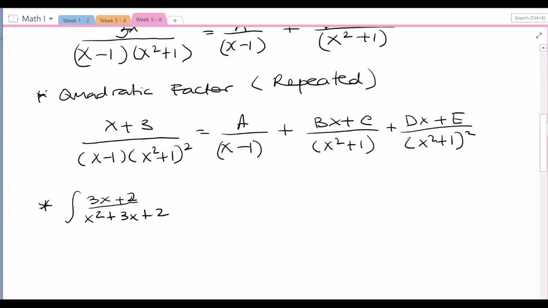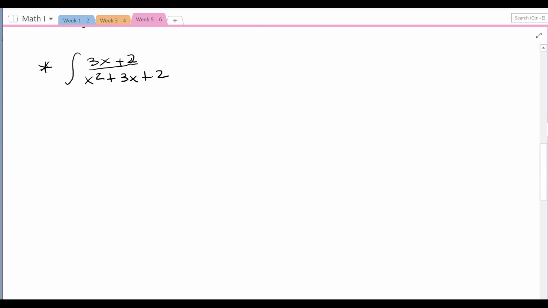So let's do a couple of examples. The first one here, finding the integral of (3x plus 2) over (x squared plus 3x plus 2). So we don't know what type of factor. Let's try to decompose the denominator. So we have to find factors. In this case it's x and then 1 and 2, both of them positive.